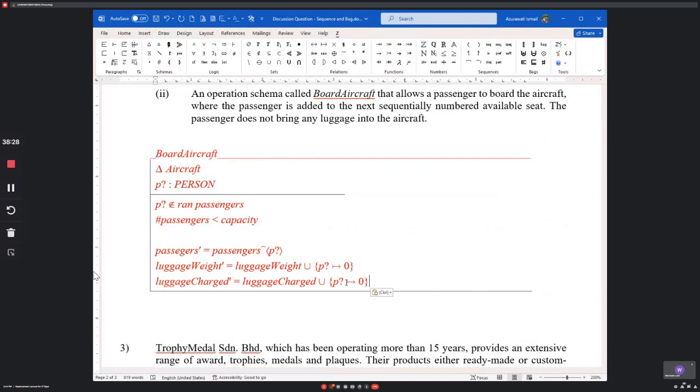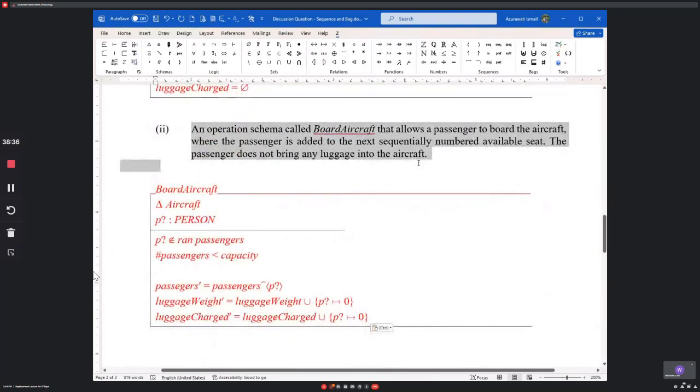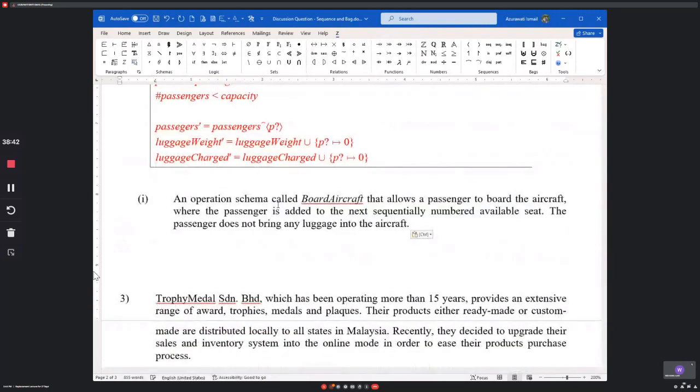If, let's say, the question asks you, for example, let's say I update this question, where the passenger brings a luggage with the weight of 25 kilogram into the aircraft.